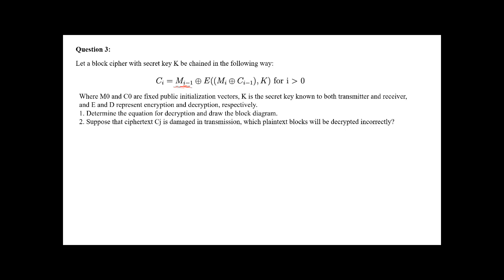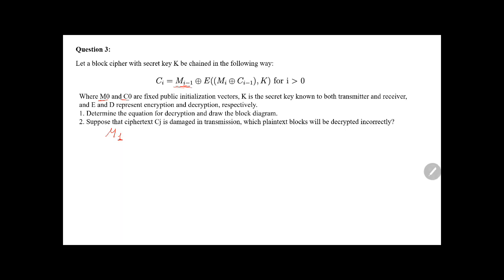So, I will start with drawing the block diagram to give you an intuition of how this will work. The first thing here that we can start with is the following. We have M0 and C0 as initialization vectors. So technically, our first message should be M1. So let's assume that we have here M1, and we want to get out C1.